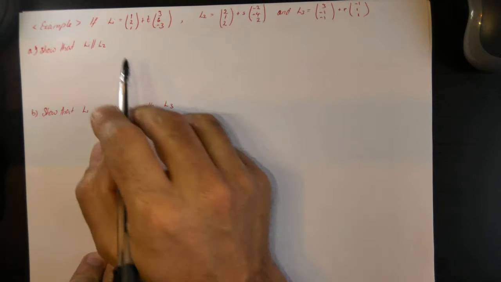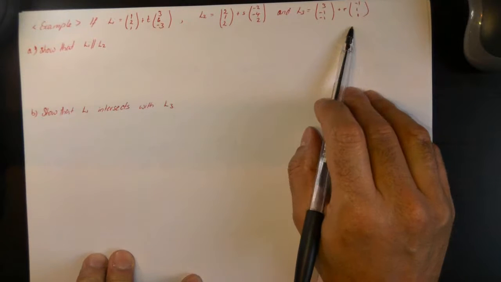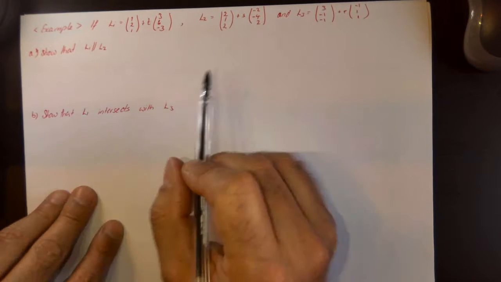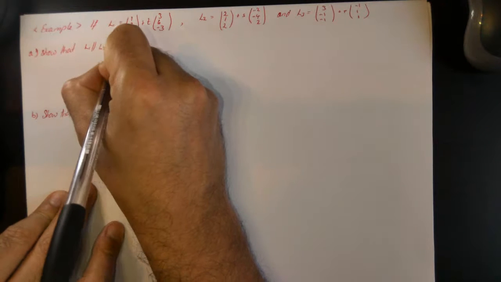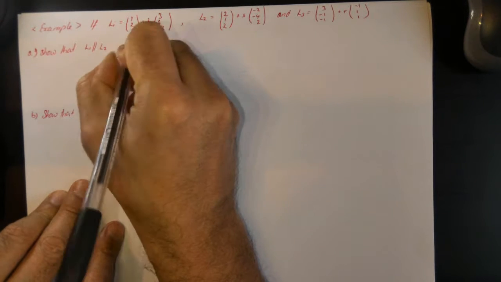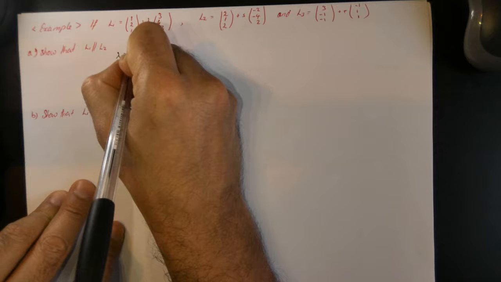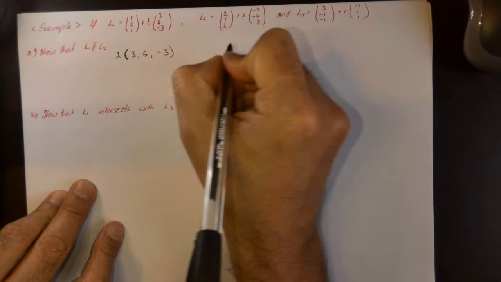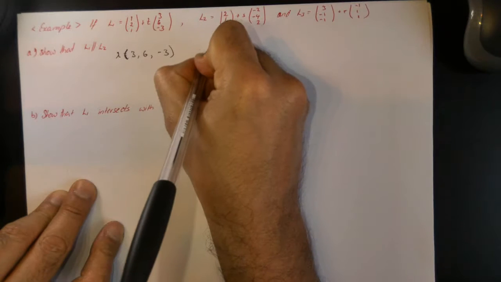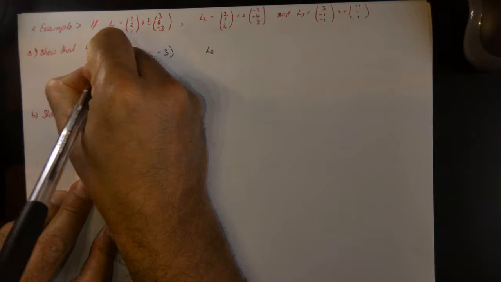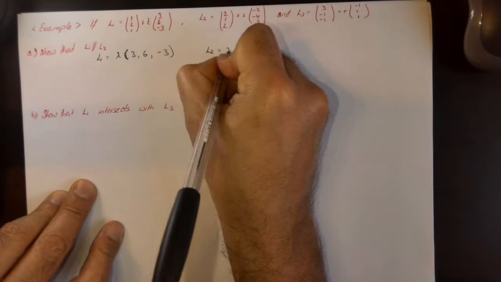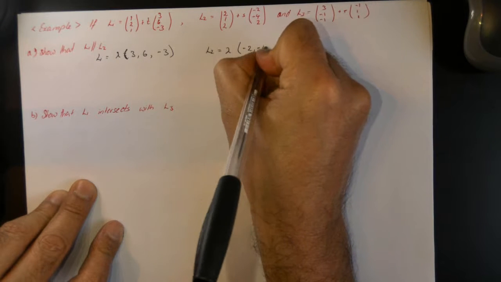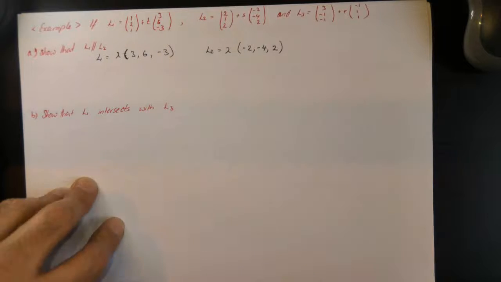Here we've got an example. We've got line 1, line 2, and line 3. We want to show that line 1 is parallel to line 2. Well, in line 1, we have lambda represented by t, and that's 3, 6, negative 3. In line 2, we've got some lambda, which is represented by the letter s, of negative 2, negative 4, and 2.